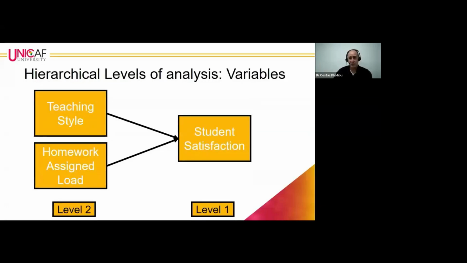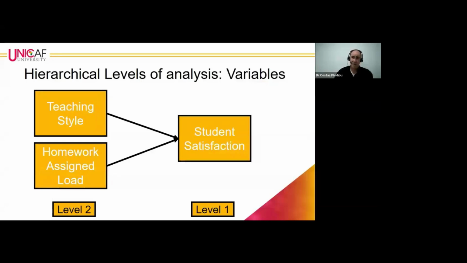However, something important that we need to consider here is that when we're talking about level 1 and level 2, at level 1 we are looking at, say, 100 students, but we look at them individually. We look at the ratings individually, how satisfied they are. However, at level 2, which is the boxes on the left-hand side of the screen, we look at the averages of these classes.